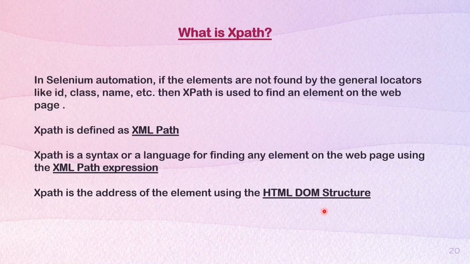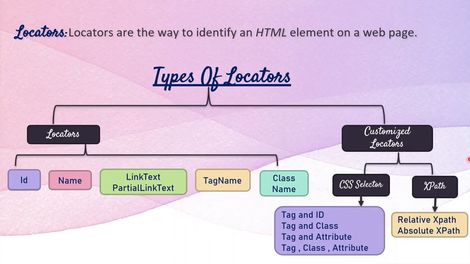First, let us understand what is XPath. Now, as I said, it is a part of a locator. Here you can see this chart, right? We have the different types of locators as I discussed in the previous tutorial. I discussed about the ID, name, link text, the partial link text, the tag name, the class name, and then the CSS selector. We are left with XPath.